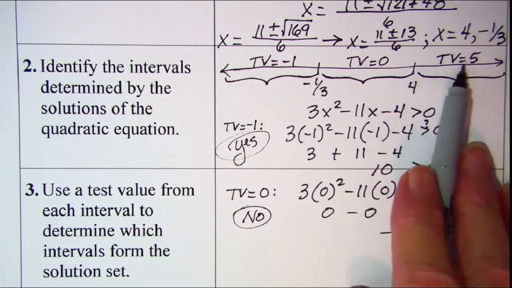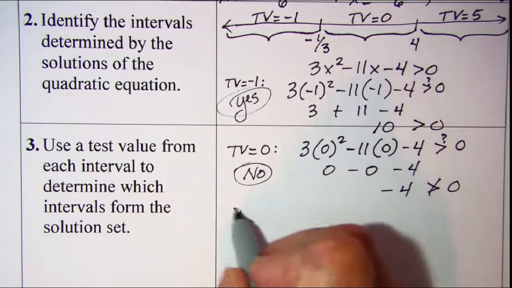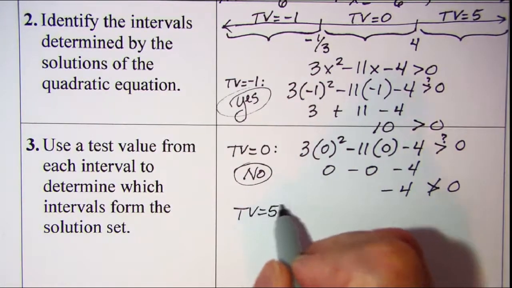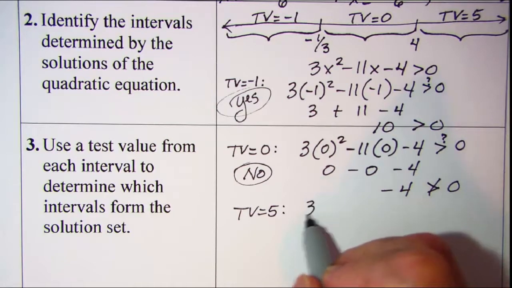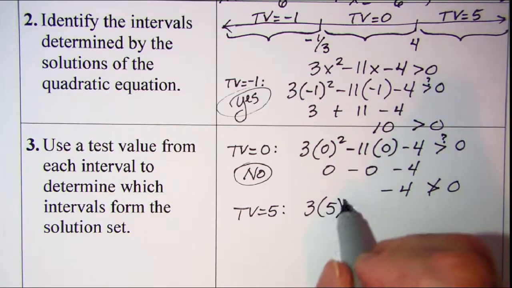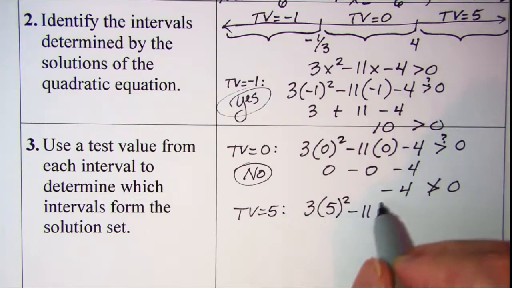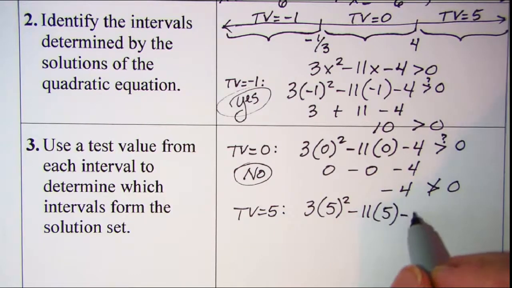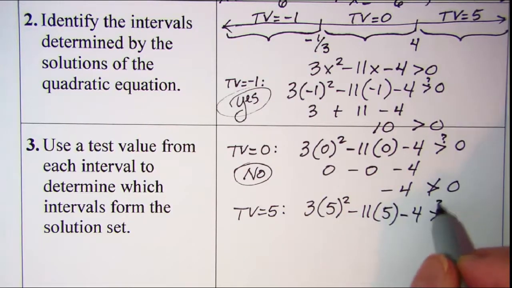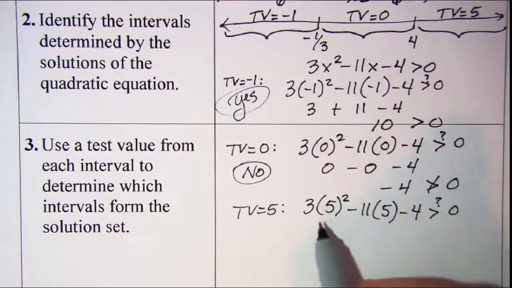And then we need to test the test value 5. We have 3 times 5 squared minus 11 times 5 minus 4, and we want to see if that's greater than 0.